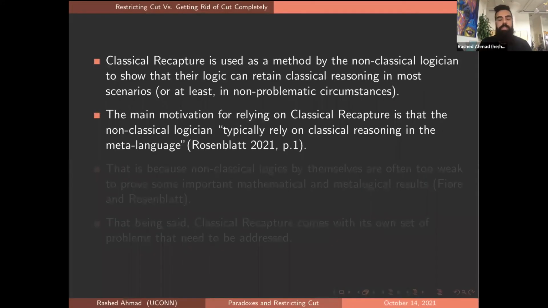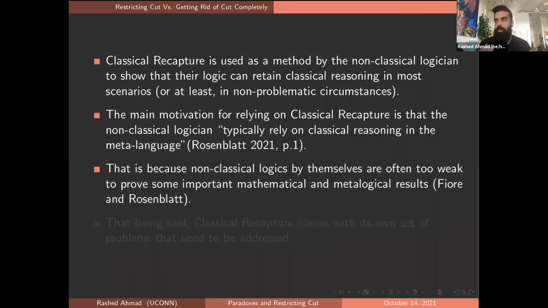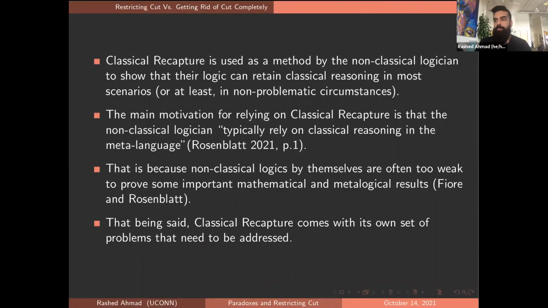And the main motivation for relying on classical recapture is that the non-classical logician typically relies on classical reasoning in the metalanguage. And that is because usually their logic is too weak to prove important mathematical and metalogical results. That being said, classical recapture comes with its own set of problems that need to be addressed.